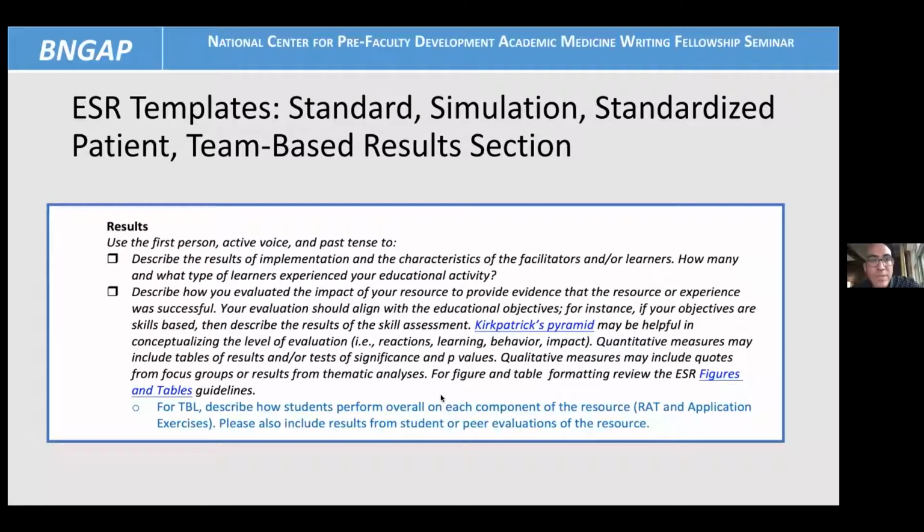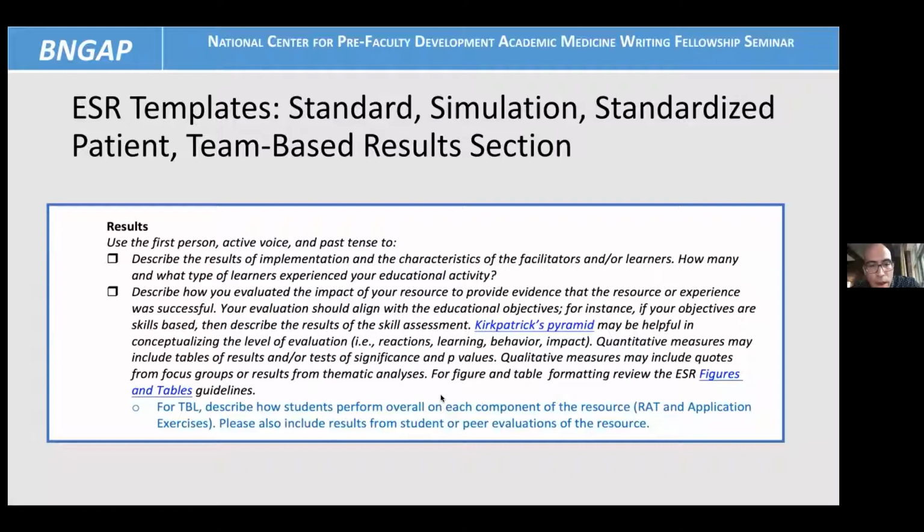This slide in particular shows how to write the results section. Here you'll see bullets 1 and 2 are actually common across 4 of the different workshop types, one of which is a little different.